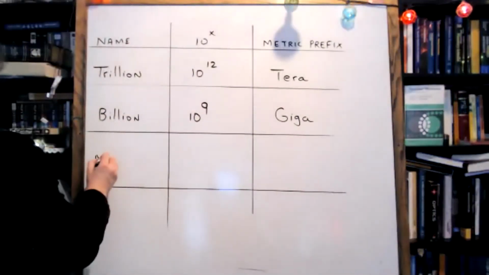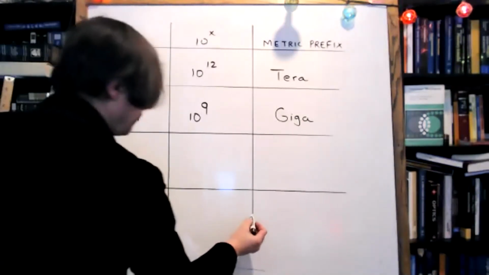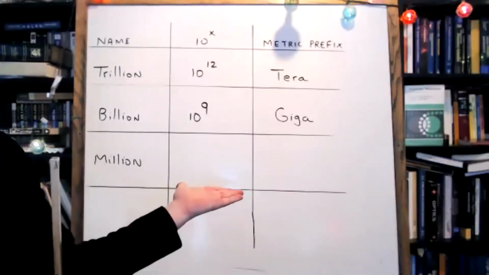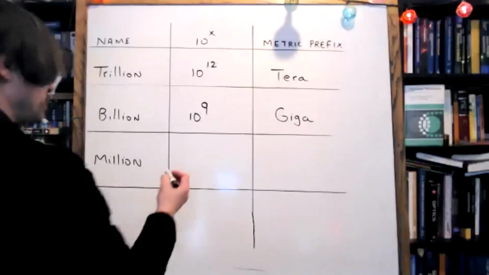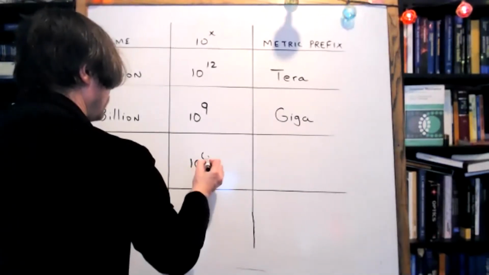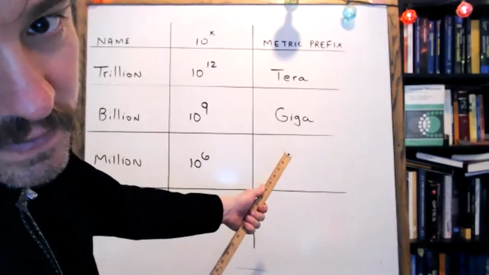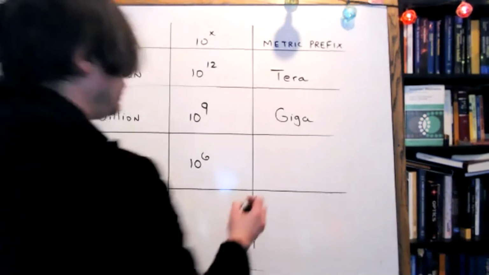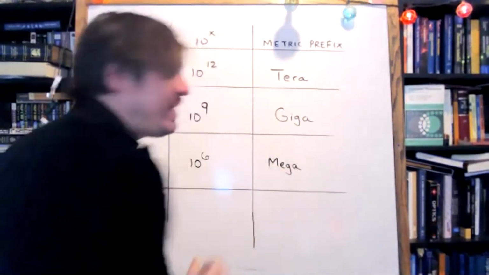Then there's a million. How many zeros in a million? 6. 10 to the power of 6. Metric prefix? Mega. Like a megabyte. Okay, we're learning stuff.